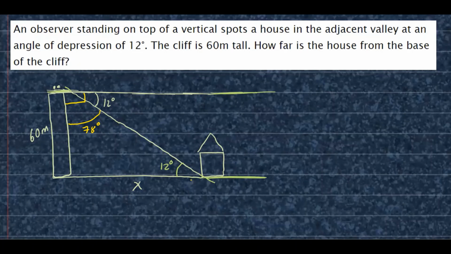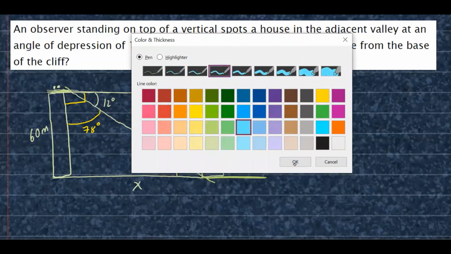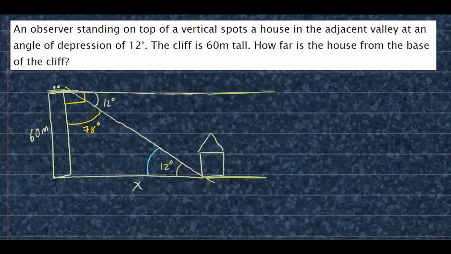So we can use the trig ratio to relate the sides we're given. So if 12 degrees is what we're given at the bottom, that means across from it is our opposite side. And this is the adjacent side. And this would be the hypotenuse.